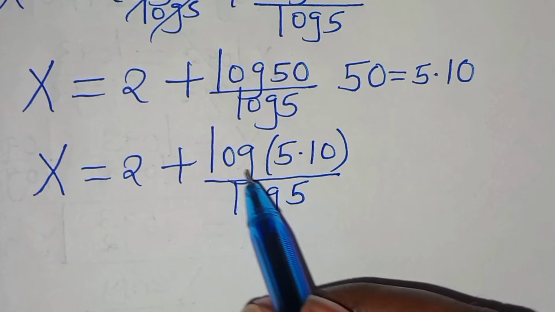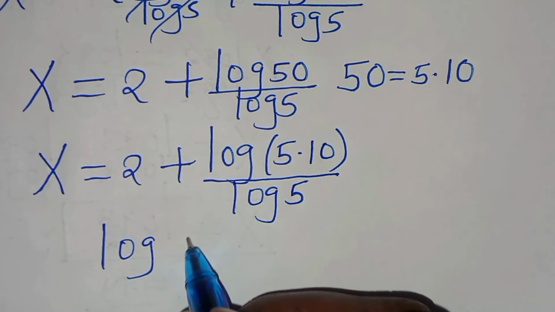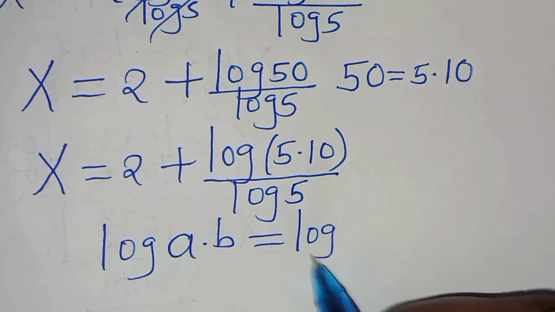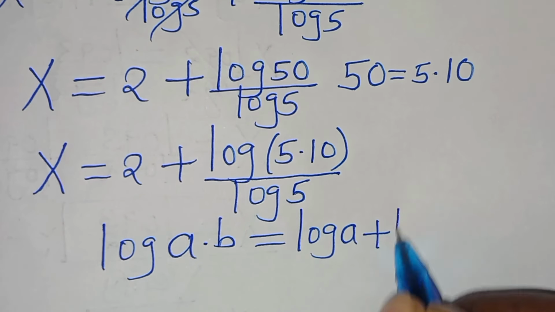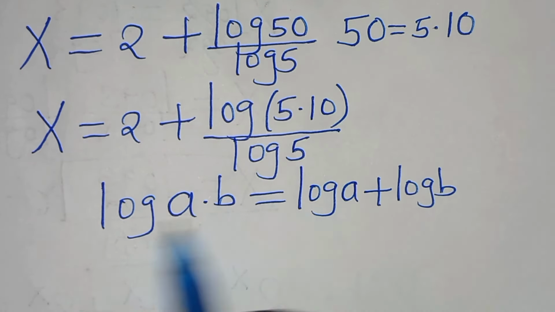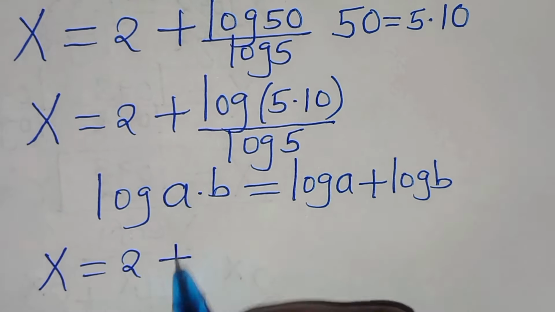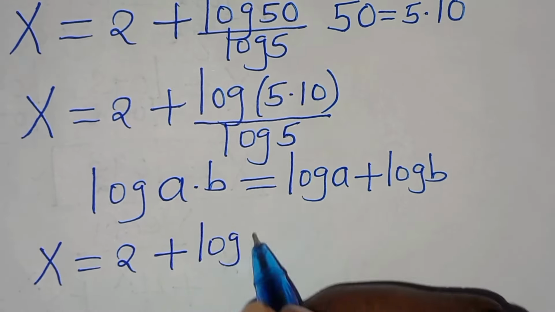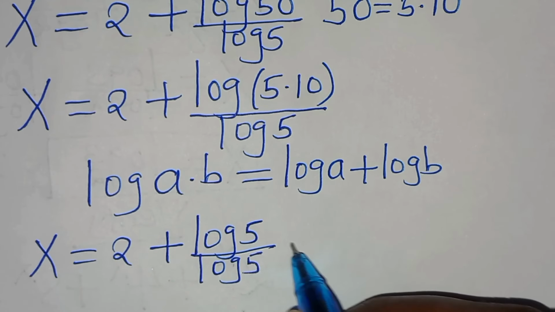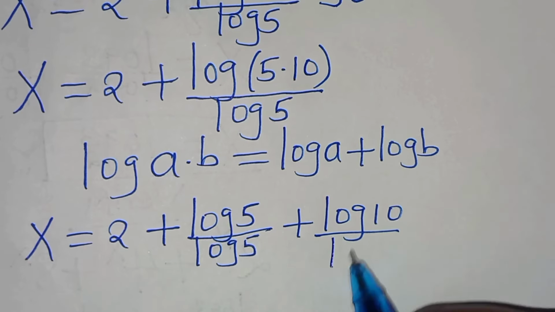Now, the next step is that log 5 times 10 is in the form of log a times b, which we can express as log a plus log b. Applying this logarithm property, we have x equal to 2 plus log 5 divided by log 5, then plus log 10 divided by log 5.